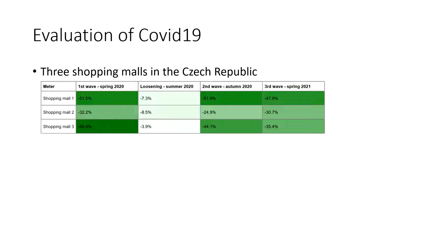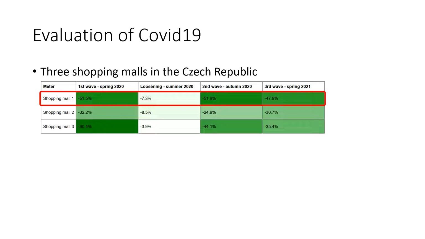And specifically, Energy Twin could be used also for detailed evaluation of the impact of COVID-19. I will demonstrate this on an example of 3 shopping malls in the Czech Republic, and let's have a look. The first shopping mall was able to maintain the same level of energy savings through all the lockdown periods.